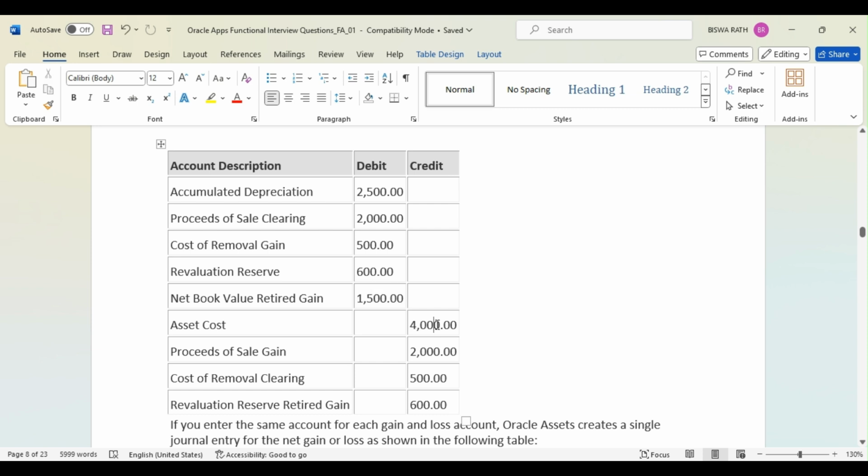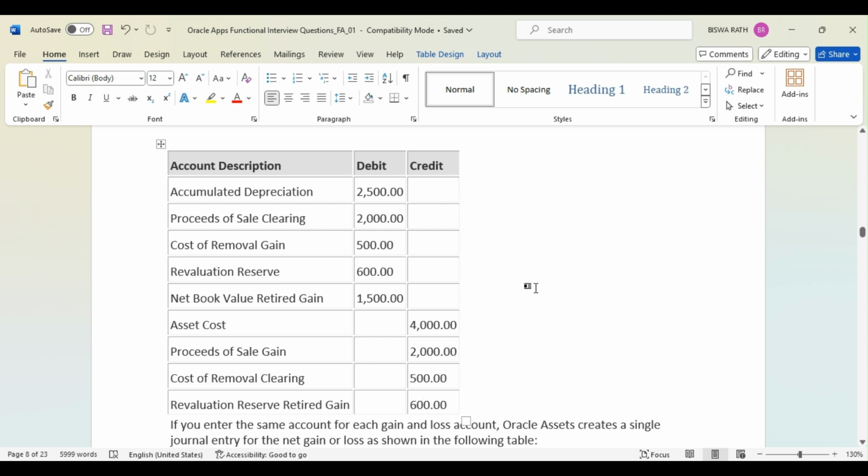Now what is the initial asset cost? It is 4,000, which has been credited over here. Proceed of sale gain is $2,000. Against this sale clearing, we have done the 2,000 USD. And cost of removal clearing 500. Revaluation retired gain 600. Okay.